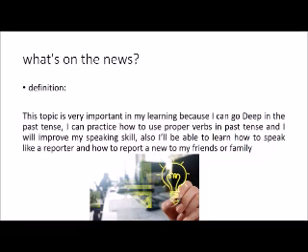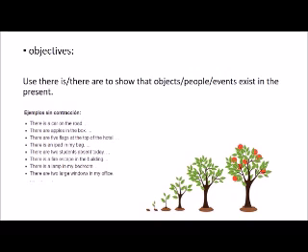For example, I say this topic is very important in my learning because I can go deep into the past tense. I can practice how to use proper verbs in the past tense, and I will improve my speaking skills. Also, I'll be able to learn how to speak like a reporter and how to report news to my friends or family.